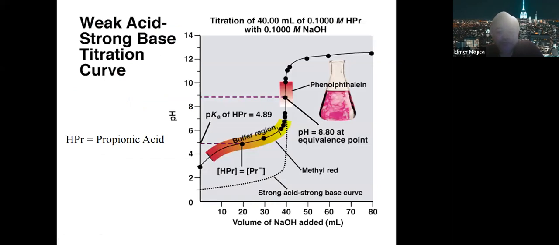Now, look at the difference between a weak acid strong base titration and a strong acid strong base titration. The strong acid strong base is here. Its pH starts slowly, but if you have a weak acid, this is where it starts. Again, it's a weak acid problem here, then the buffer region. And then you have the salt problem here, and here you have the excess hydroxide problem.